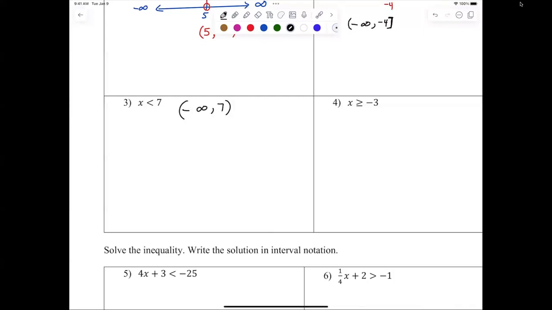For those of you who are confused, draw a number line. You write 7 down, open circle, less than, negative infinity, infinity. I'm going from negative infinity to 7. That's all there is to it.